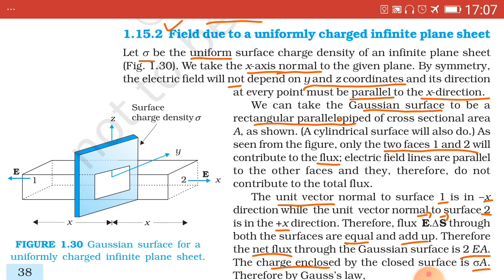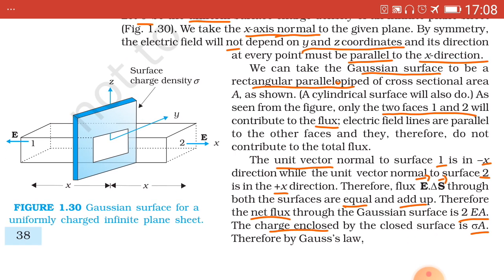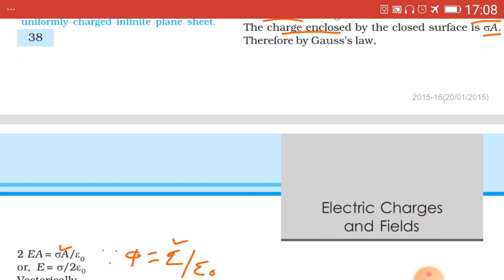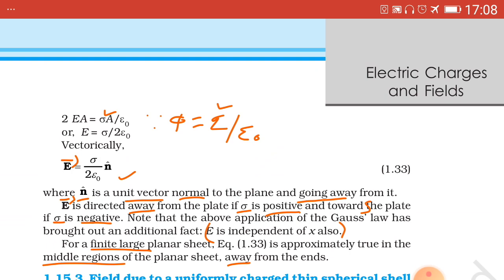Hence the net flux through the Gaussian surface will be equal to 2EA. Now the charge enclosed by the Gaussian surface, that is Q, equal to sigma A. Now we use Gauss law and obtain the necessary formula for vector E.